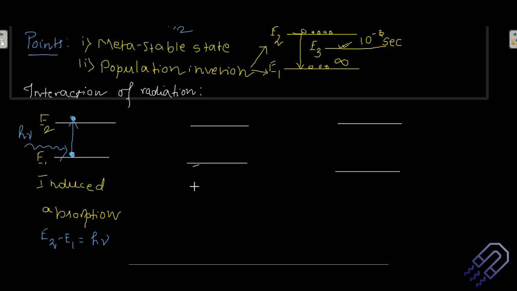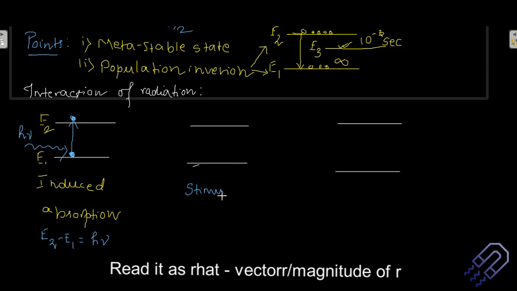The second process that might happen when radiation interacts with matter is called stimulated emission, or let's take up spontaneous first. Okay, let's talk about spontaneous emission. This is called a spontaneous emission. Now, what do you mean by spontaneous emission?